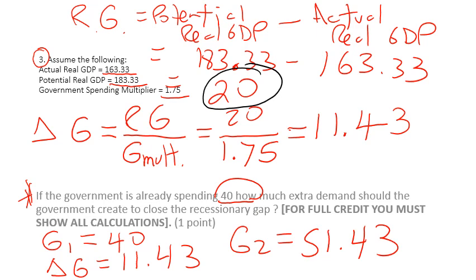Well, the calculations just showed us that given the multiplying effect of government spending, the government did not have to spend $20 billion. It had to spend only $11.43 billion. It's a substantially smaller amount of money, and it does matter, doesn't it?